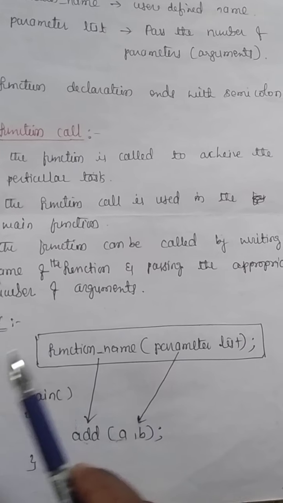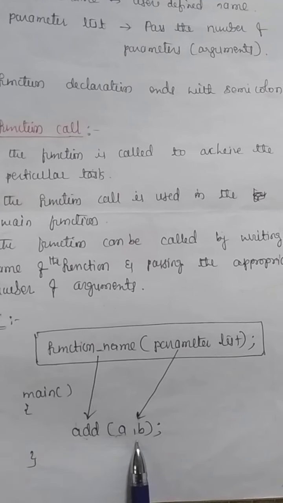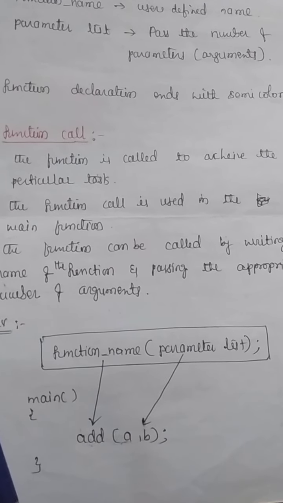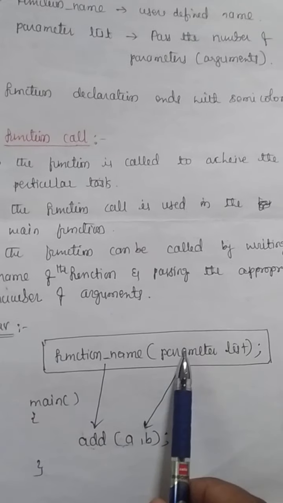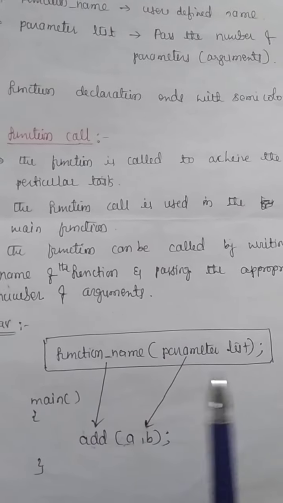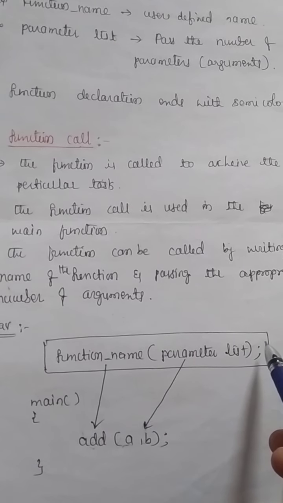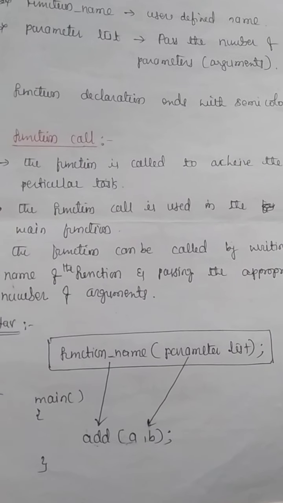There we used a and b; here also you can take a and b, or x and y, not a problem. But two parameters are there, so here also you have to pass two parameters. This function call also ends with a semicolon.